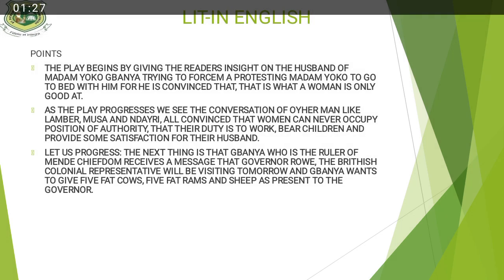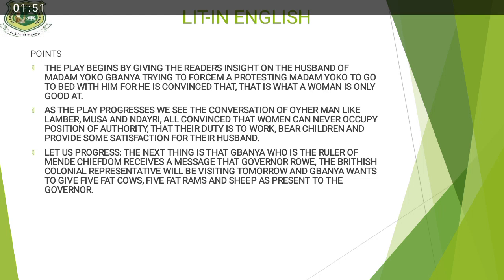The play begins by giving the readers insight on the husband of Madam Yoko, Benya, trying to force a protesting Madam Yoko to go to bed with him, for he is convinced that is what a woman is really good at.